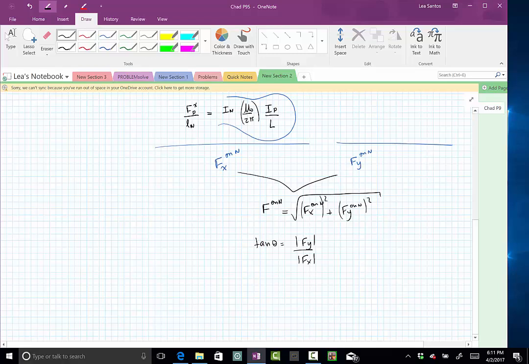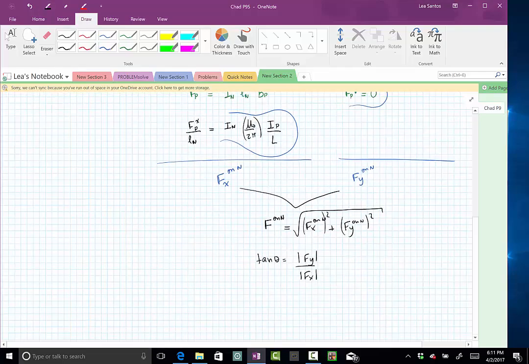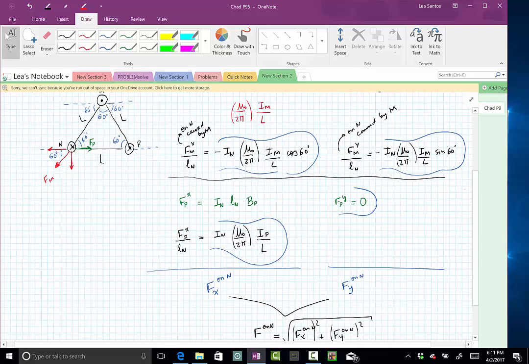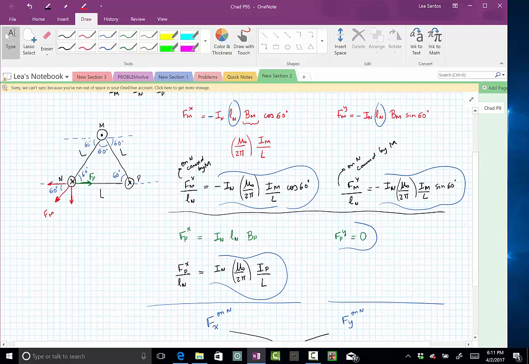Again, remember that story, we have to be careful to find in which quadrant we are. By having a look at the magnitude of these forces in the x and in the y direction, we will know the quadrant where we fall. All right. Okay. This is the force on N.